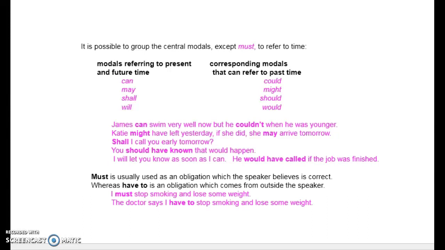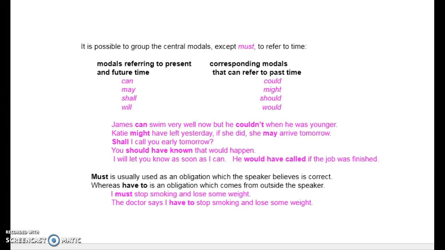So, James can is the present, and he couldn't swim is in the past. Here you have, Katie might have left yesterday. If she did, she may arrive tomorrow. The difference between may and might is not very important, and usually might is a bit less possible than may.